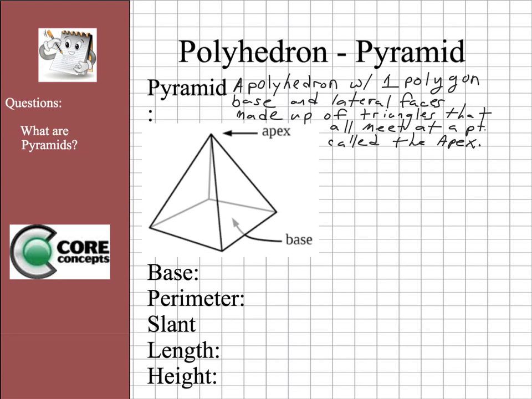Okay. So for the definition of pyramid up at the top, okay? Polyhedron with one polygon base and lateral faces made up of triangles that all meet at a point called the apex. You can kind of see in that diagram there where I'm pointing to for the apex.